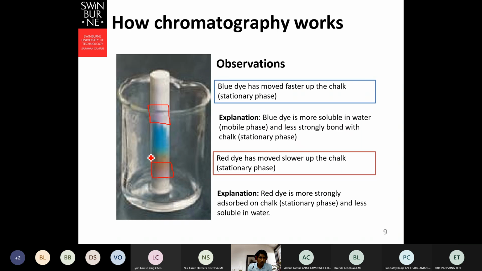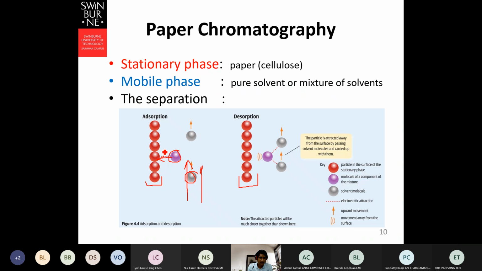But once more and more water is passing by these atoms, sometimes it will loosen up from the stationary phase and move a little bit up, go into the water, and then again it will hold onto the stationary phase, right?